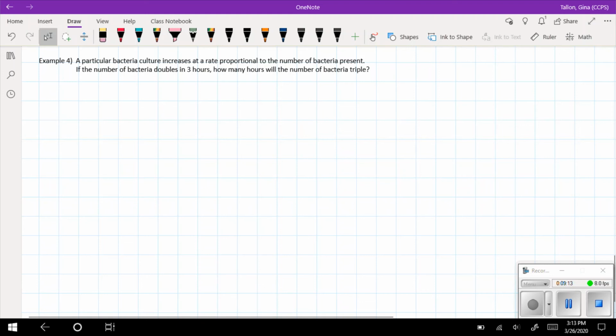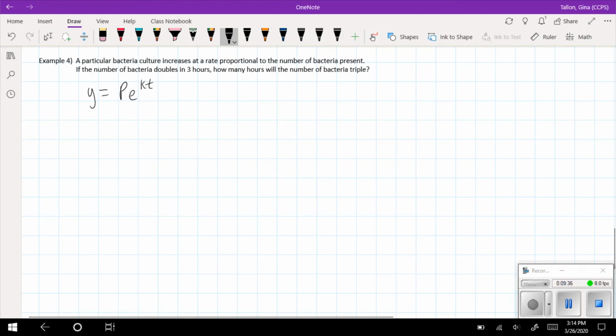Okay, so we're going to start off with y equals P e to the kt. Do you recognize this as being the law of exponential growth? I hope so, because the bacteria is growing at a rate proportional to the bacteria, and that's when you can use this.